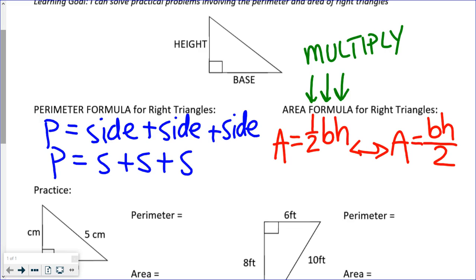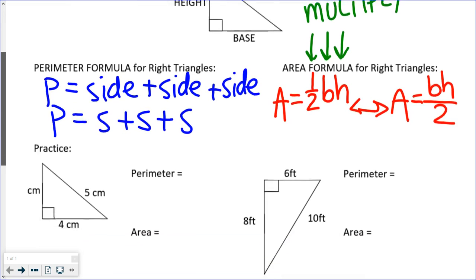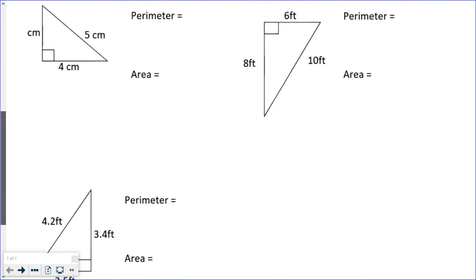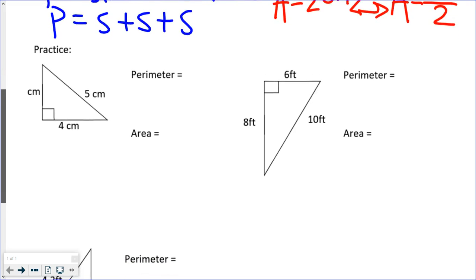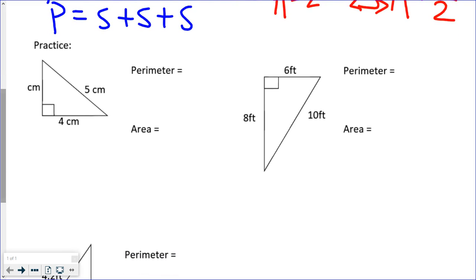Not in every single example, but I'll use them in different examples so that you can see it both ways. It really just comes down to what you're most comfortable with doing. All right, so let's take a look at these together. For each of these three problems that we have here, we are going to find the perimeter. We are going to find the area.